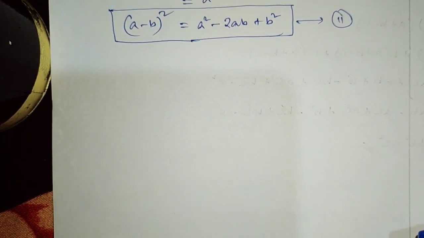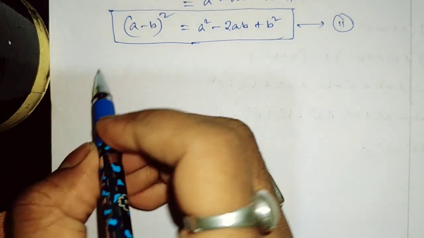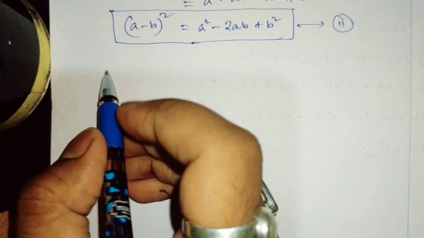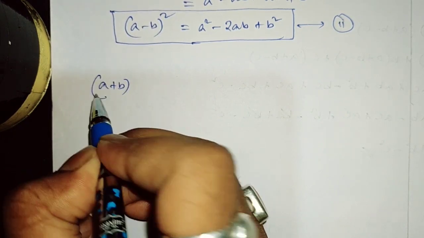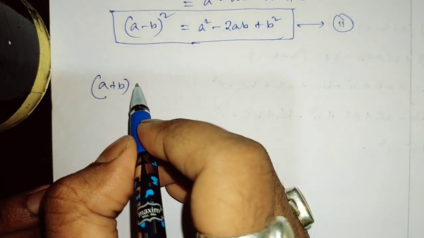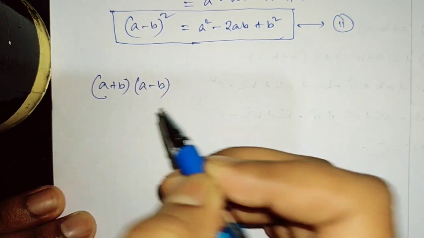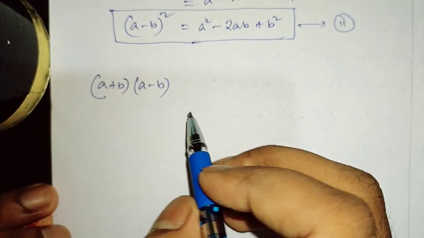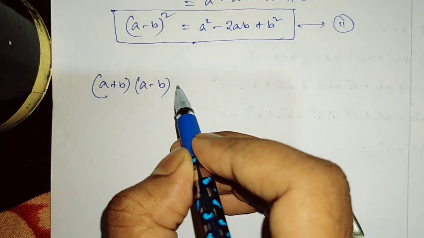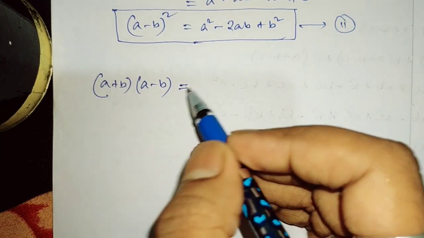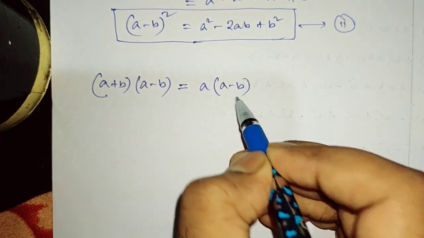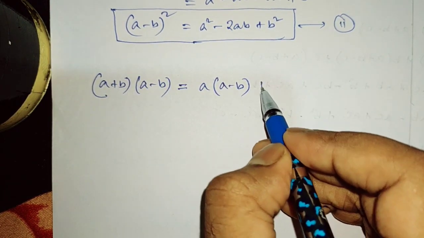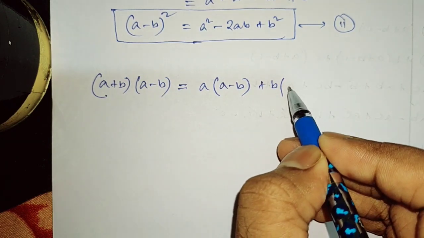Next we will make a small change. We will take two expressions, the first one being a plus b, and we will multiply a plus b with a minus b. So in this case what we will get, let us proceed. a into a minus b plus b into a minus b.